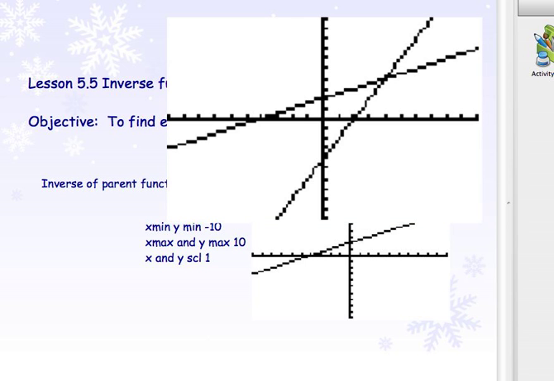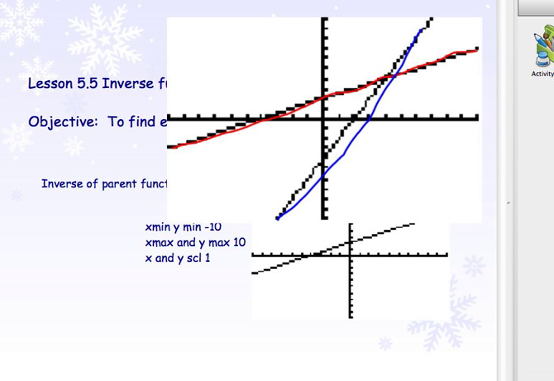So the original function, the original line that I asked you to graph is this line that's going up right there. That's in red. And then the inverse of that function is this line that I added into my calculator, which I didn't give you the equation yet.